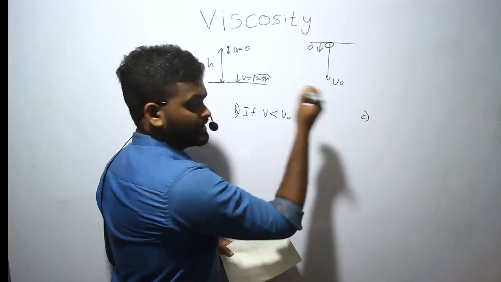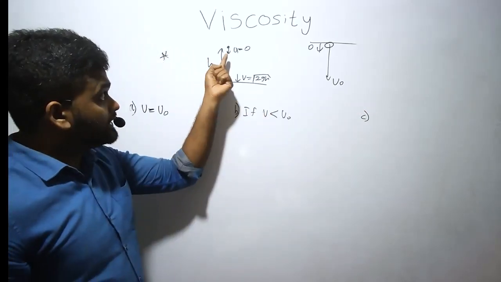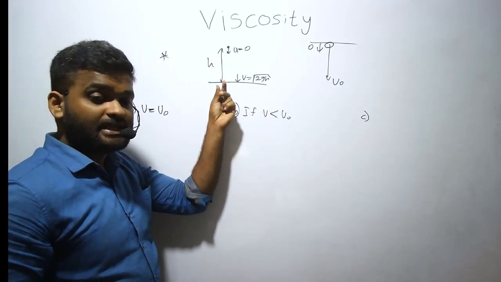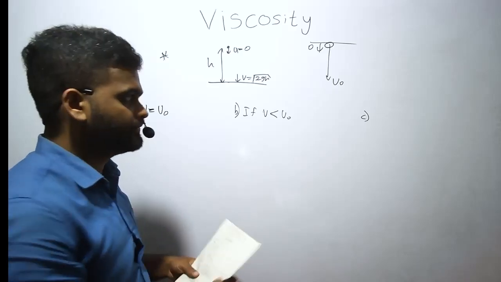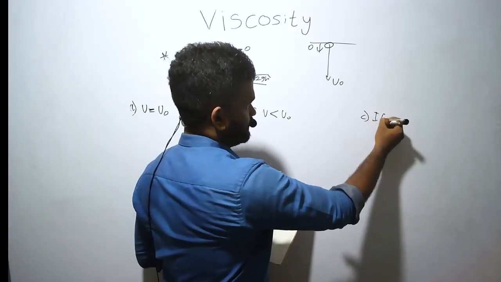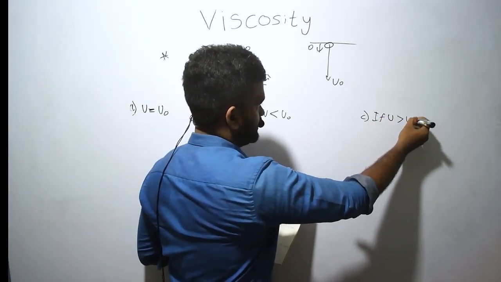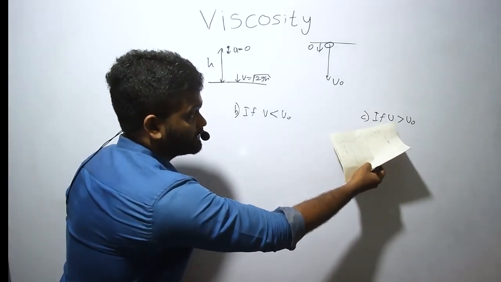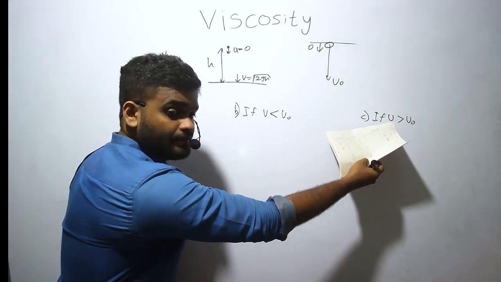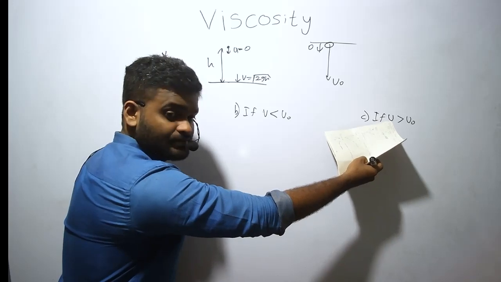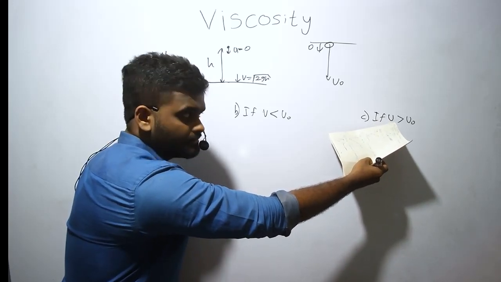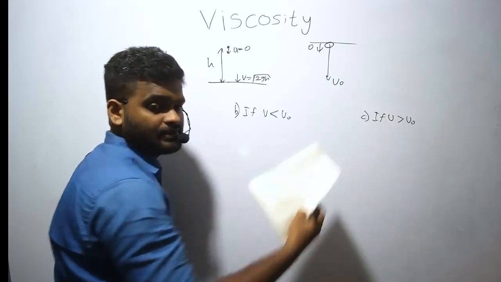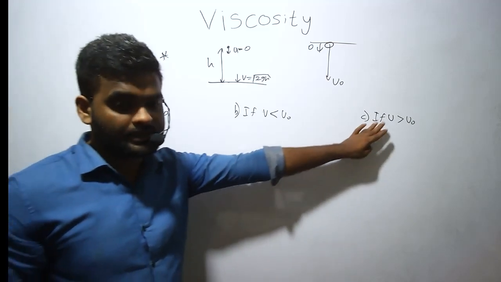What is the other scenario? This velocity could be greater than terminal velocity. This is another way you get questions: the velocity with which the sphere enters the liquid is greater than terminal velocity. So that is another scenario.